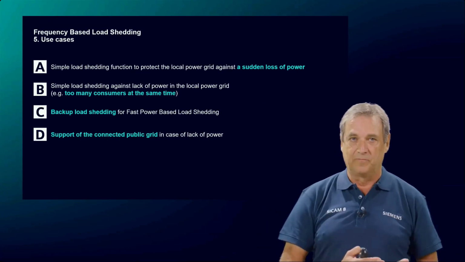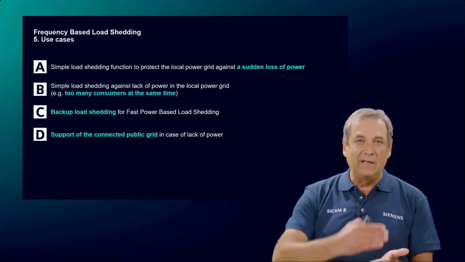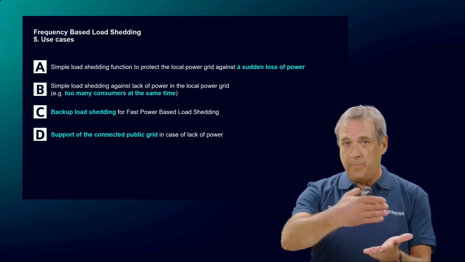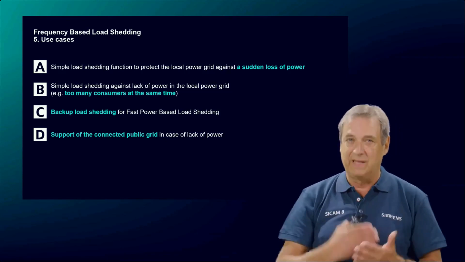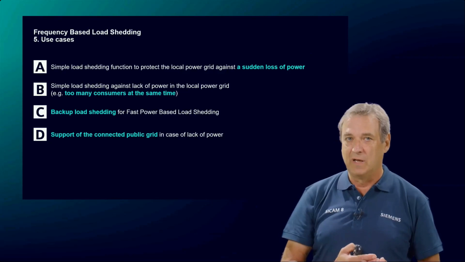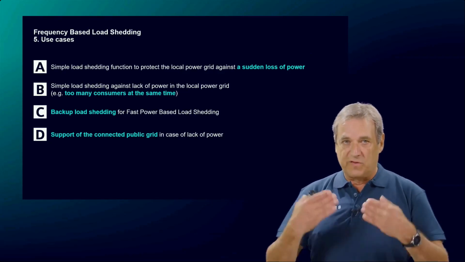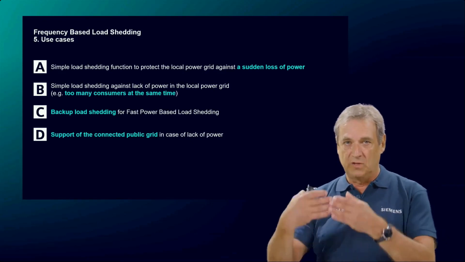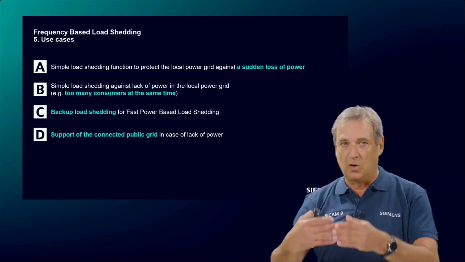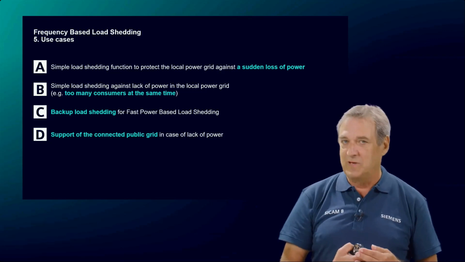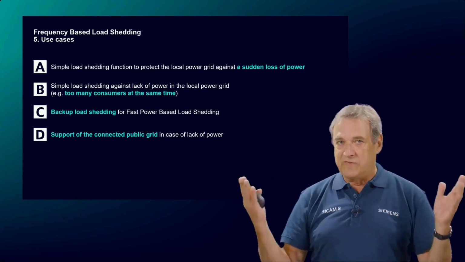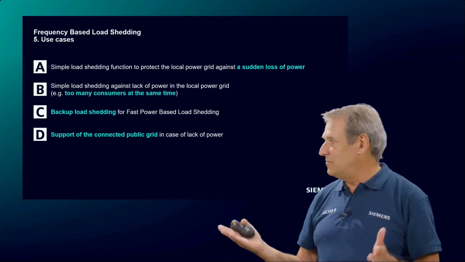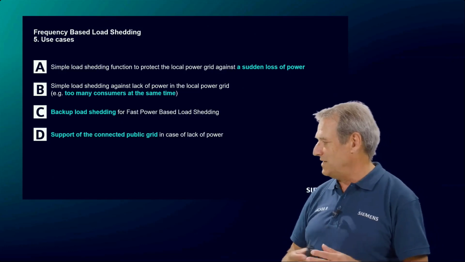Or the third reason, if you have already another load shedding solution and you need a backup function, take frequency-based load shedding. And finally, for supporting utility grids in stabilizing the frequency in certain cases, here also you can take frequency-based load shedding. And with this statement, I would like again to hand over to Anis.